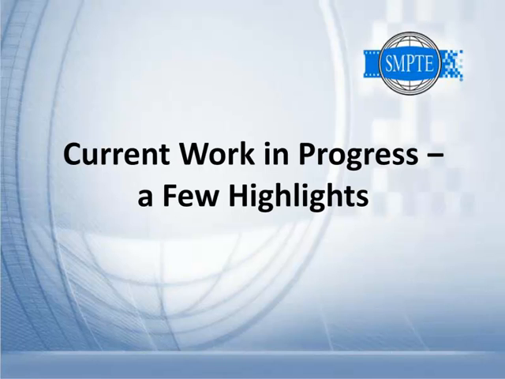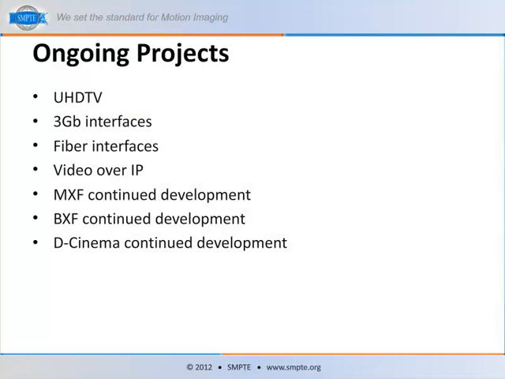So I want to spend a few minutes talking about some few highlights of some of the things we're doing. Of course, highlights is different for everybody. But here's some of the ongoing projects. Ultra high definition television was brought to SMPTE for the initial standards.